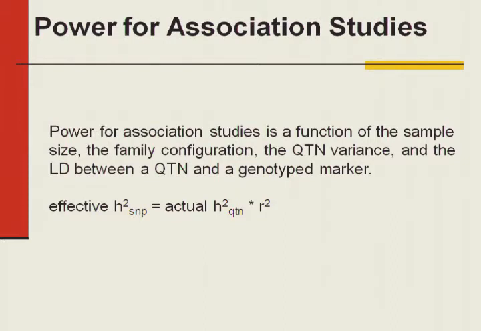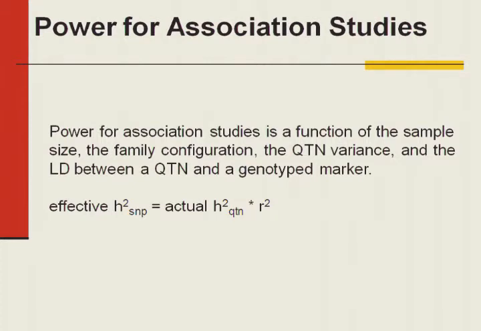Okay, so power comes up in grant applications and in discussing complaints about imaging genetic studies having too small sample sizes and so forth. So let's talk a little bit about power. The power for association studies is a function of the sample size, family configuration, that QTN-specific variance, and if you don't have the functional genotype in your hand, the linkage disequilibrium between that functional genotype and what you do have in hand.